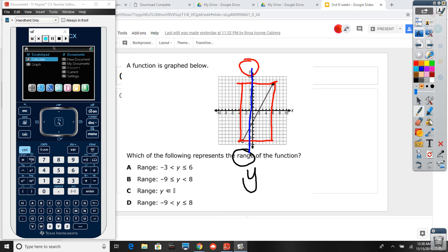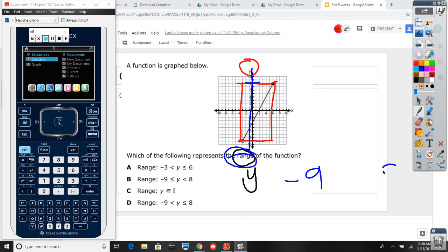Now we always go from low to high, and because we're talking about the range, the range is the y, and according to my box, the lowest I can go is -9. And then the highest I can go, I believe that's an 8 all the way up here.